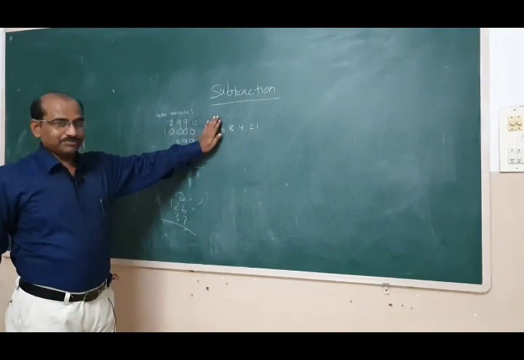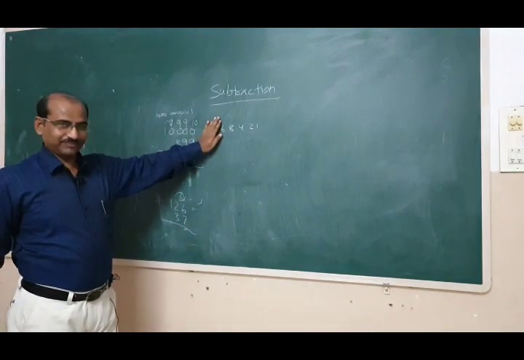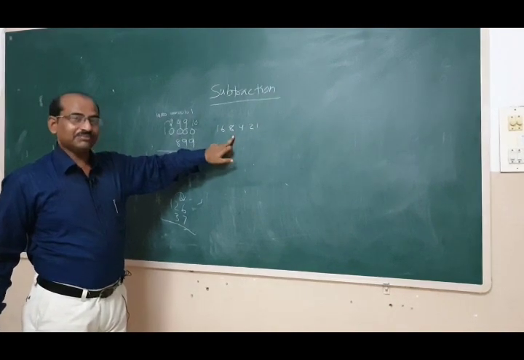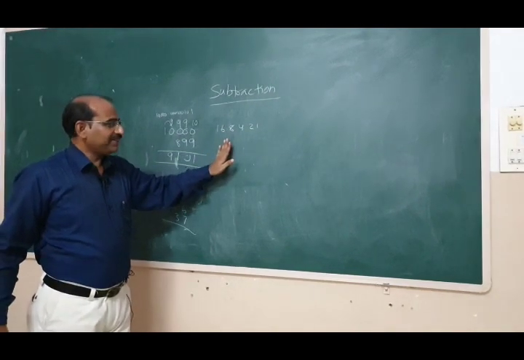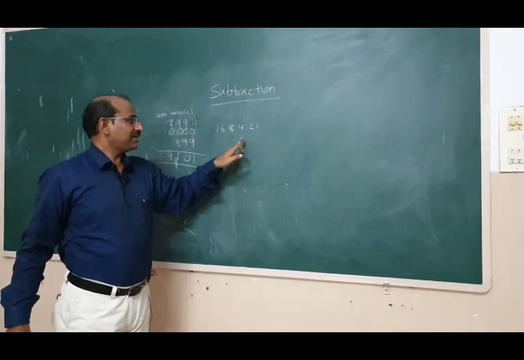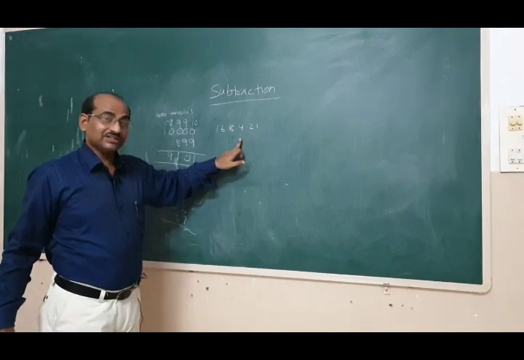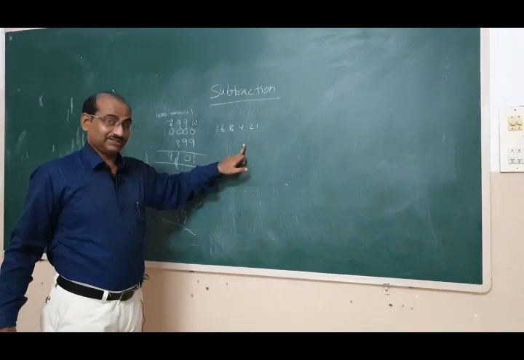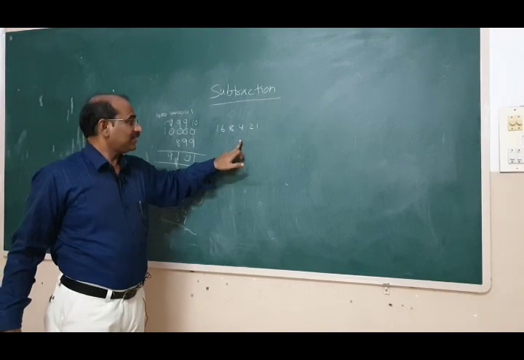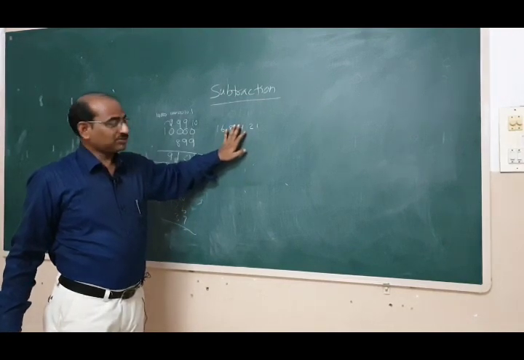Similarly, when you borrow from a binary digit also, you have to consider these weights. When you are borrowing something from here, it is 16. When you put a 1 here, that means you are putting 8 here, remaining 8 you are taking out. Again, if you are putting a 1 here, you are putting a 4 here, the equivalent decimal is 4. Again 8 minus 4, you are having 4.